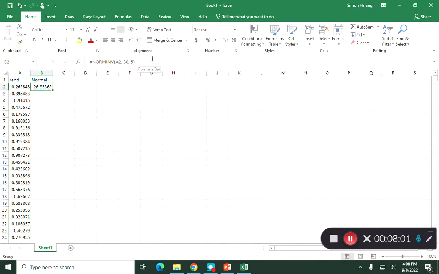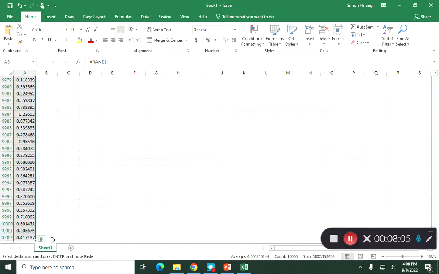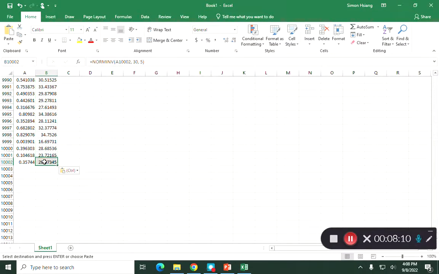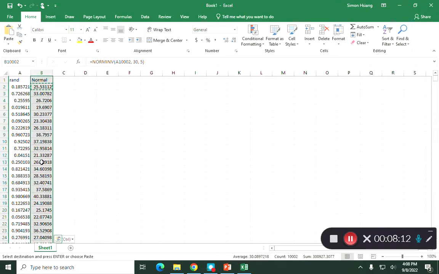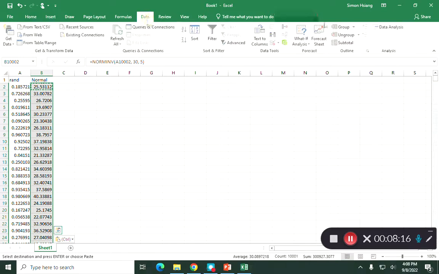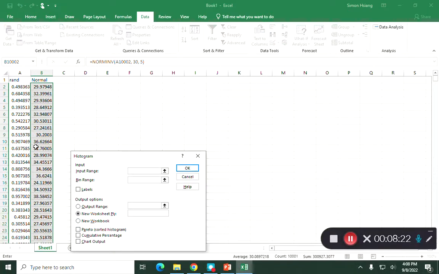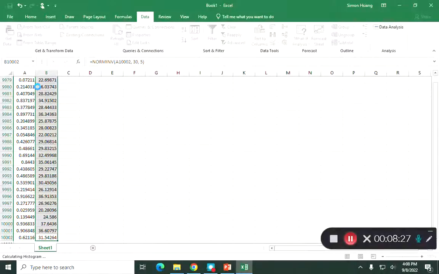So if I do this, okay, and you say, hey, does this look normal? So give me a data analysis histogram from here to here.